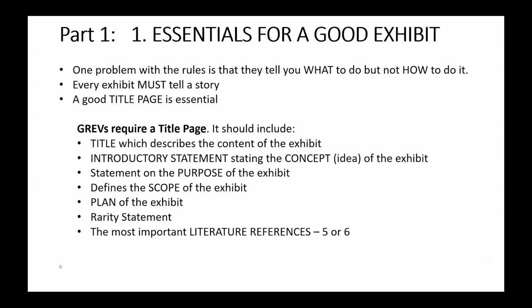Then you need to define the scope, whether it be Aerophilately or traditional. The scope is typically the period of time, or it could be the actual item itself and how long it was going for. You need to have a plan which helps the judge know how the story is treated.